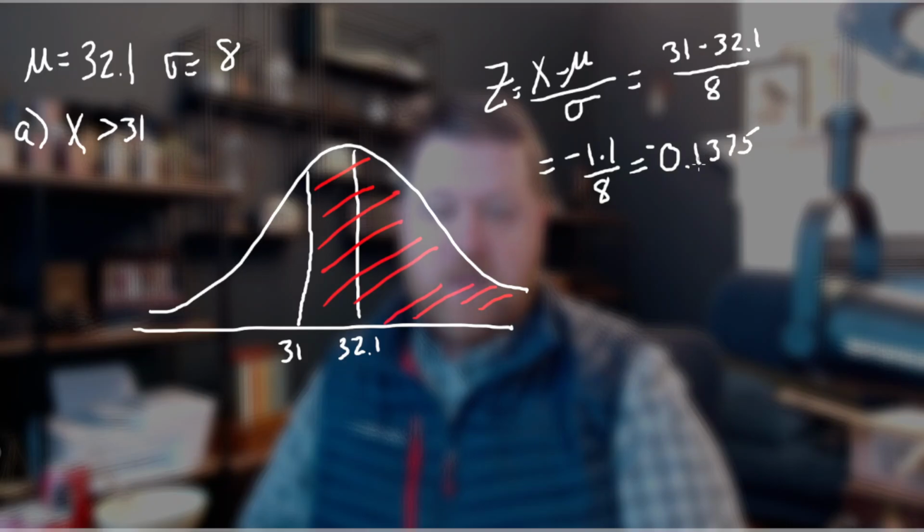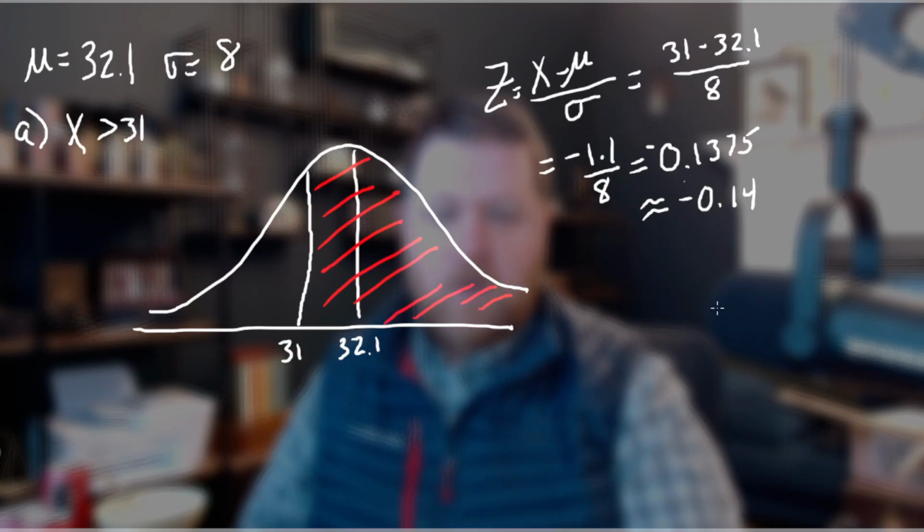Now, our z-score table doesn't go out to 4 decimal points. It only goes to 2. So we need to round this to 2 decimal points. So this is approximately negative 0.14. The 7.5 rounds this 3 up to a 4. Okay? So this 31 is approximately 0.14 standard deviations below the mean.